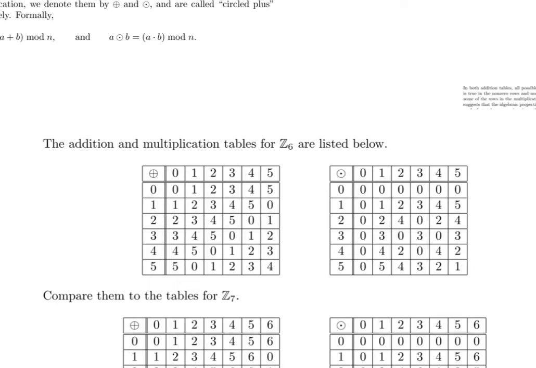Remember, I can subtract a convenient multiple of 6 from 25. I'm going to pick 24. So 25 minus 24 gives me a 1. The mental math you practiced in the previous examples is going to help you do calculations in modular arithmetic.